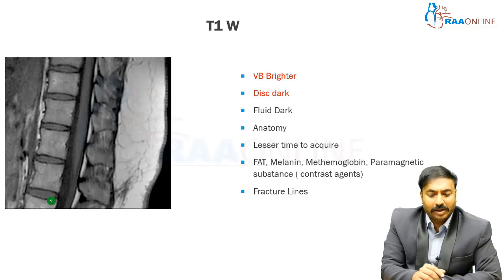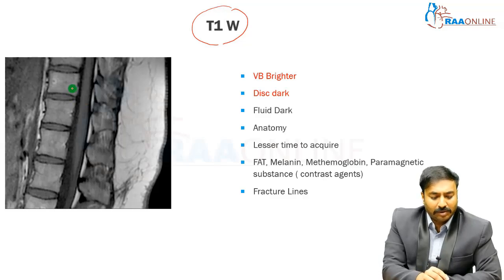So what are the basics of a T1 weighted image? Now I will orient you to the spine anatomy related to T1 weighted images. Now you see, this is the vertebral body. This is a disc, this is a disc, and this is the cord, and this is the subcutaneous fat.